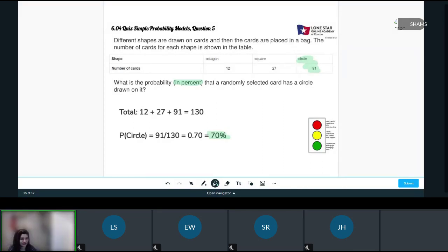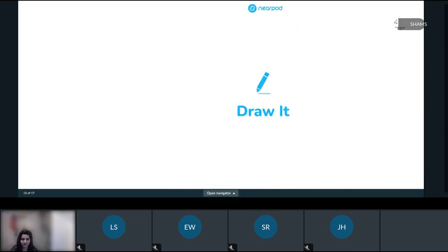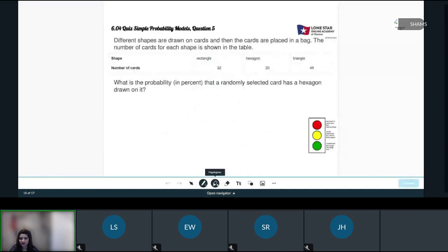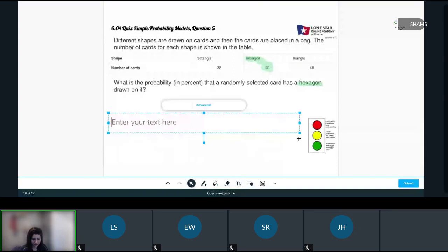Next variety of question 5. All the questions follow the same pattern. If you understand one, you understand them all. We want to choose a card with a hexagon. There are 20 hexagons. So let's approach it. We find the total number of cards, and that's 32 plus 20 plus 48. The total is going to be actually 100. 100 is so easy to make a percent.